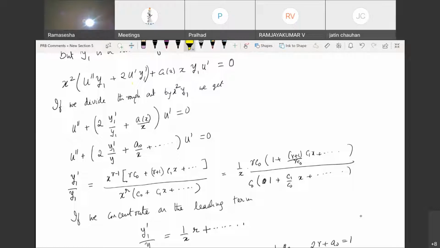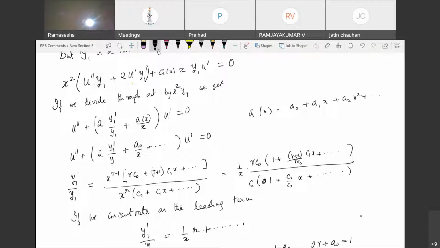So a(x) by x can be expanded as a0 by x plus a1 plus a2 x plus a3 x squared, and so forth, because a(x) you are going to replace by a0 plus a1 x plus a2 x squared plus so on, as we have done.